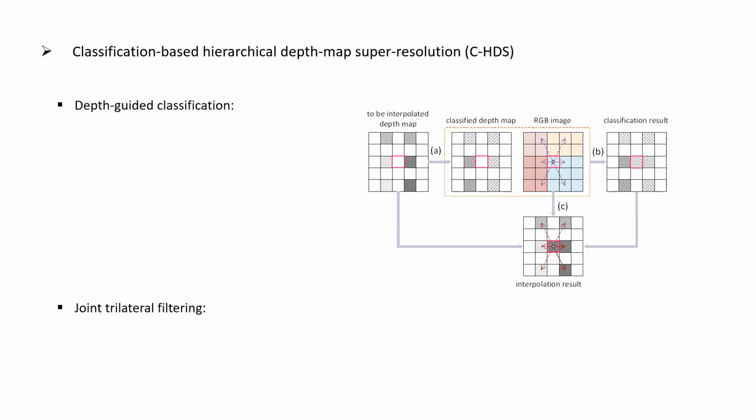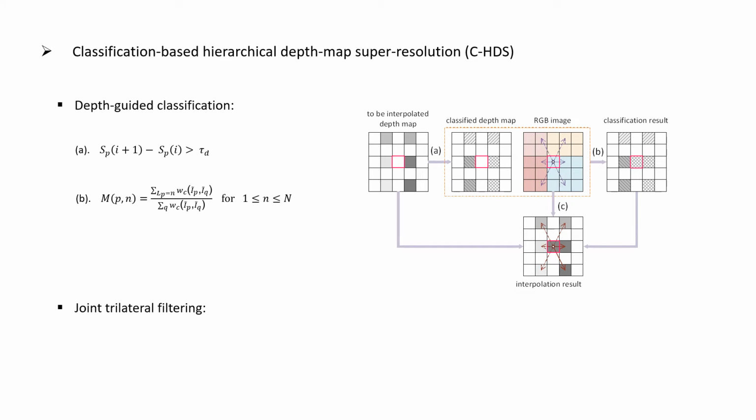To achieve sharp and clear depth edges, we upgrade the basic HDS model to a classification-based HDS model, in which a context-aware trilateral filter reduces the contributions of unreliable neighbors to the current missing depth location. Firstly, we classify the neighboring non-blank pixels of a to-be interpolated point into different classes according to the depth.